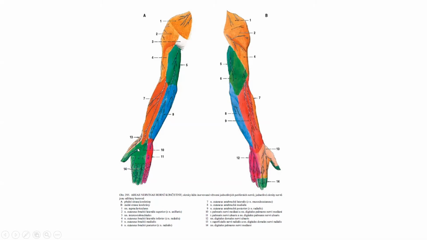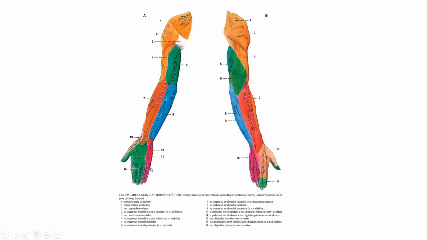Then finally, we have the sensory innervation of the hand. In the palmar region, the medial 1.5 fingers and part of the palm of the hand are innervated by the ulnar nerve.